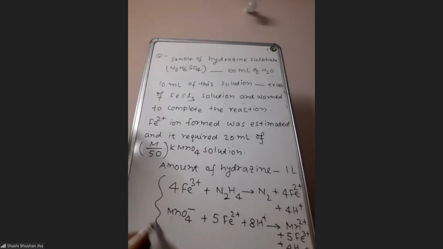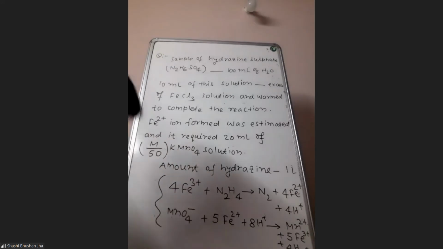So these two reactions are given. The second reaction is MnO4 minus plus 5 ferrous ion plus 8 H plus. On the product side, you have manganese plus 2, plus 5 ferric, plus 4 water. 6.5, correct.